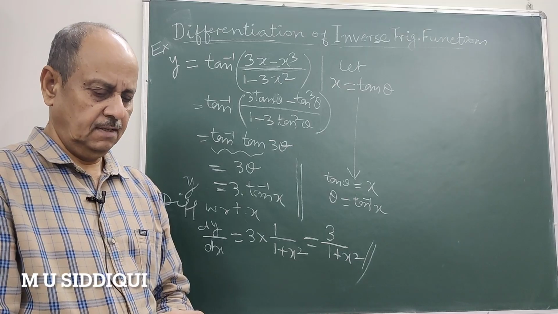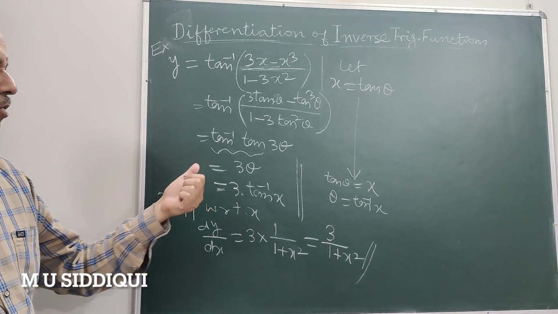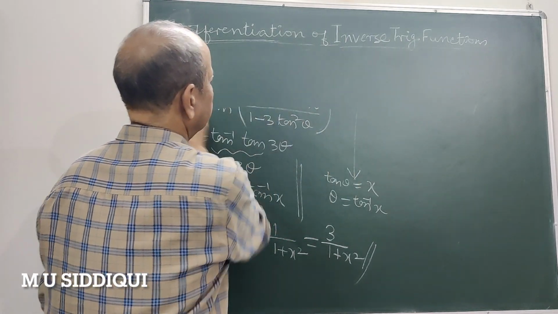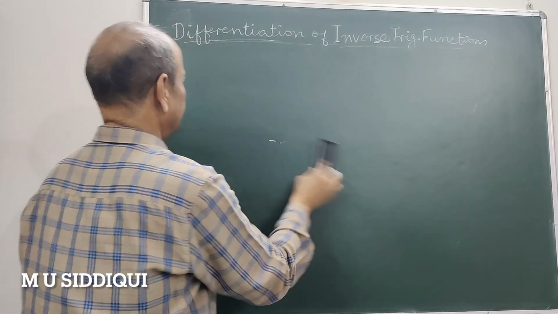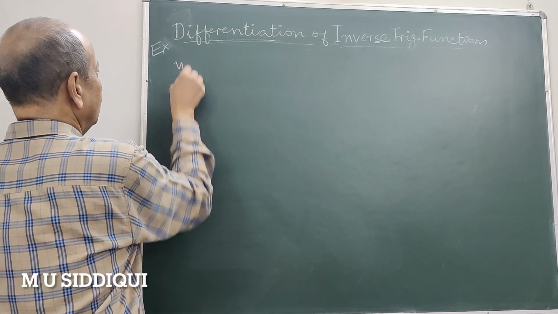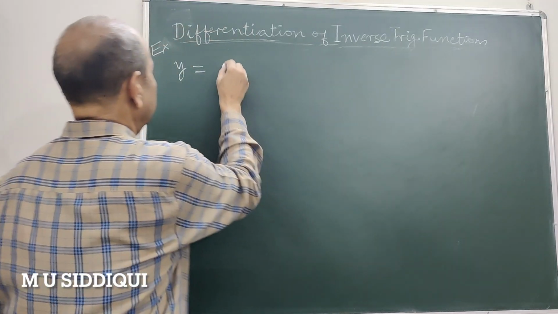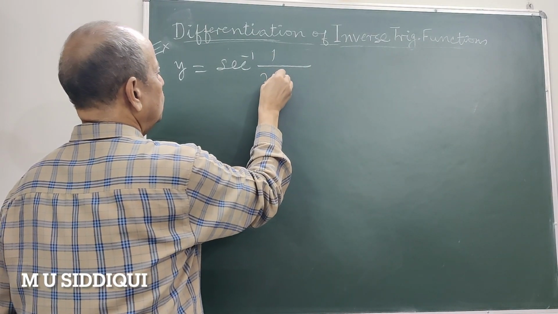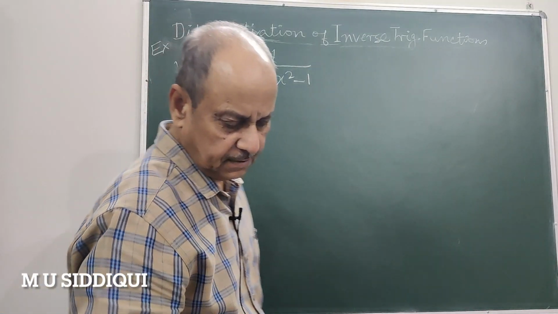Okay. I'm taking just one more example of the same kind. So I'm erasing. This is okay? I'm taking now, say y is equal to sec inverse of 1 upon (2x square minus 1).